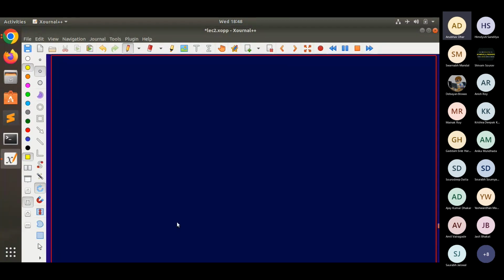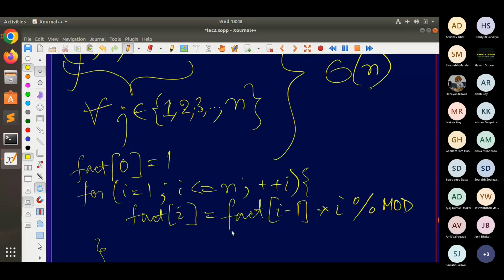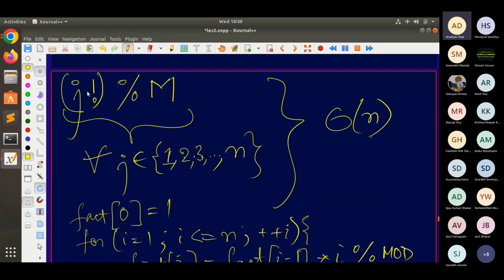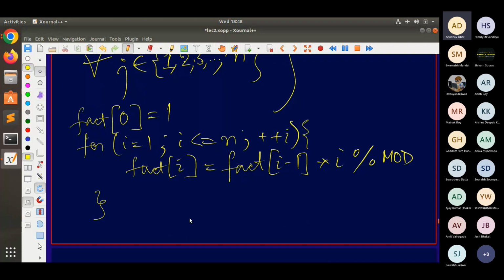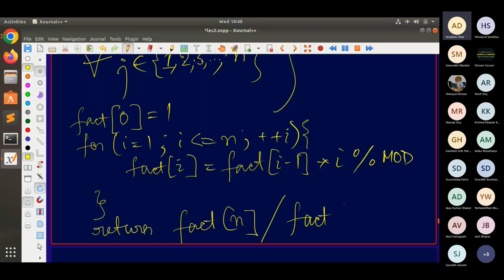Now my question is, if you have computed all factorials modulo m, can you return factorial of n divided by factorial of n minus r divided by factorial of r?